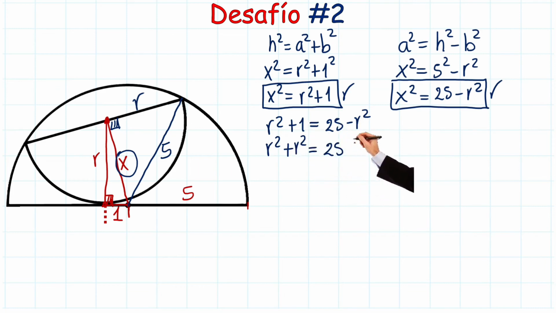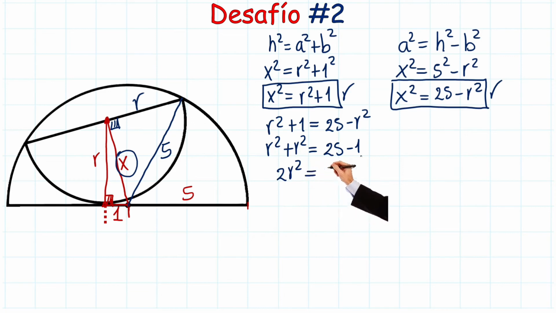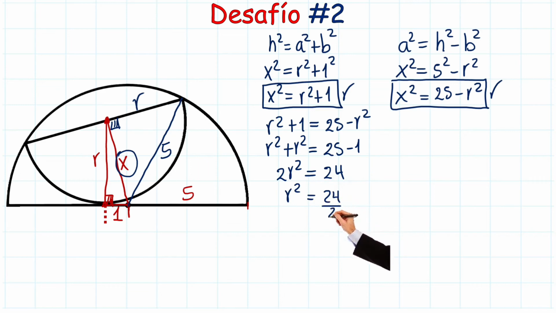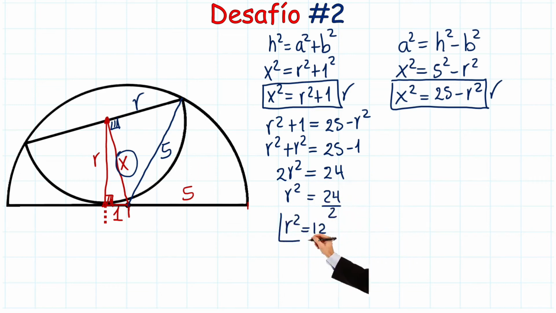And this 1 goes on the other side subtracting. Magnificent, we have r squared plus r squared is 2 times r squared. Over here we have 25 minus 1, which gives us 24. Okay, we move the 2 to divide on the other side. I get r squared equals 24 divided by 2. So we know that r squared equals 12, which is great, and we don't need to find the value of r, because with r squared that's enough, and now we'll see why.